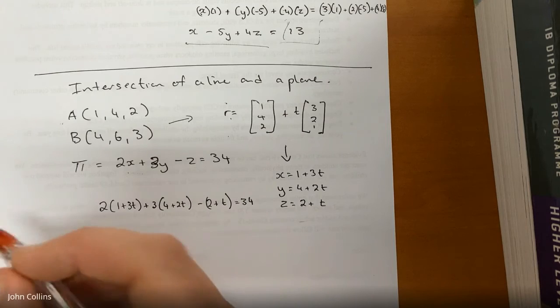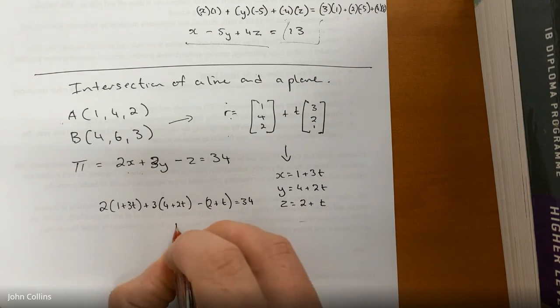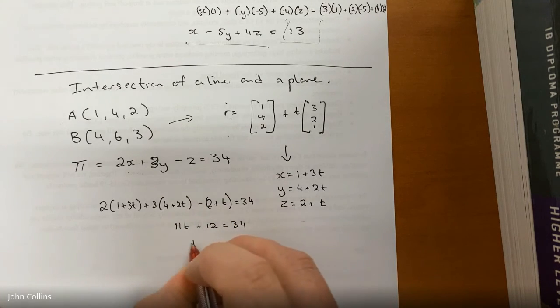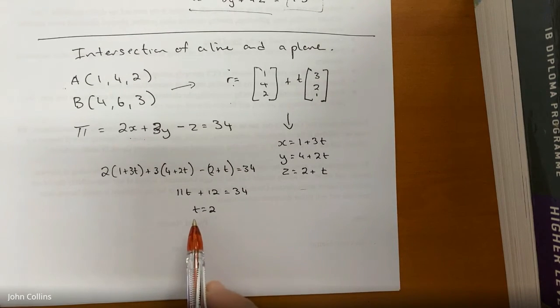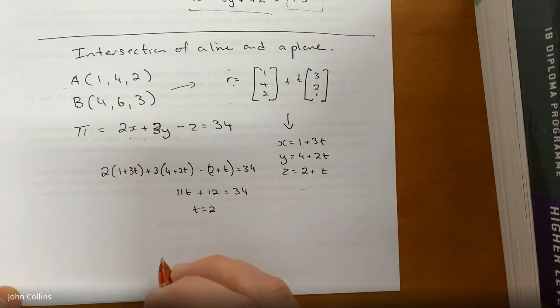Okay, so just multiplying this out, we will get a value for t. 11t plus 12 is equal to 34, and then t is 2. That's not our answer, obviously. How do we find the point then? We sub 2 in for t in the line equation. Exactly.